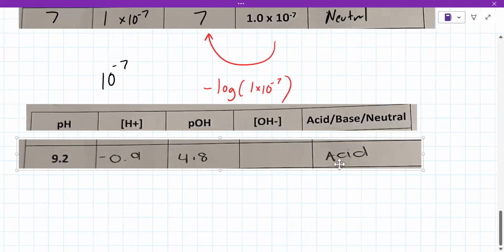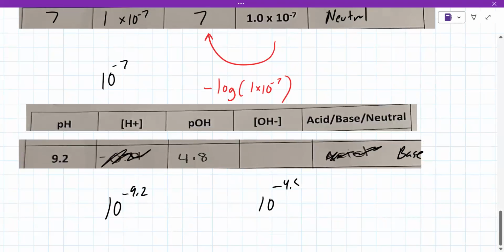Okay, it is not an acid. It is a base this time. And then to find the H plus, it's 10 to the minus 9.2, and the OH minus, it's 10 to the minus 4.8. Okay, I see.